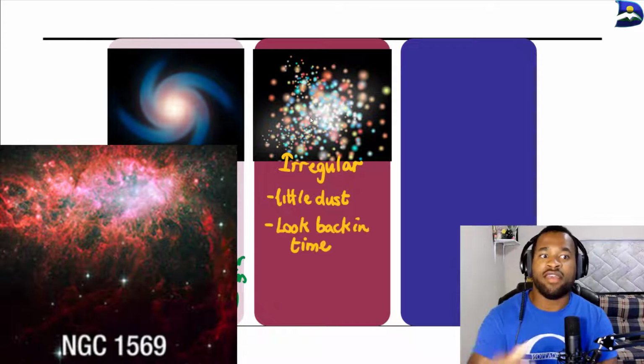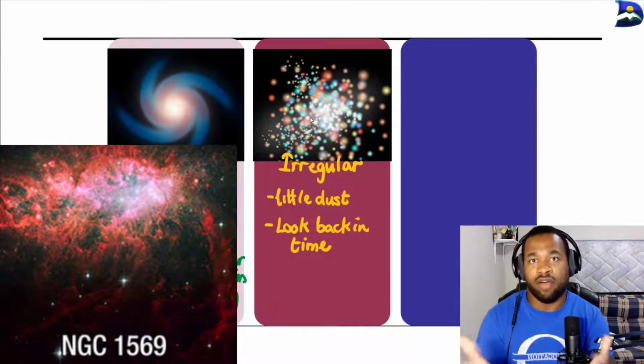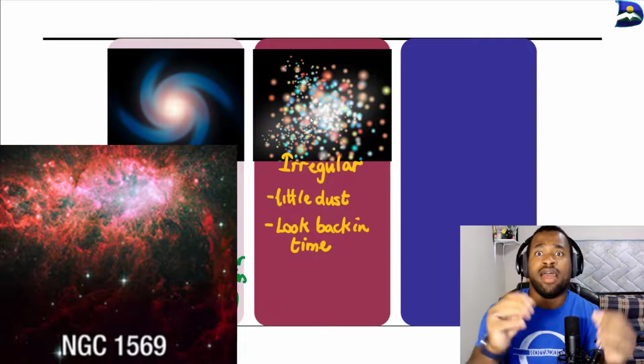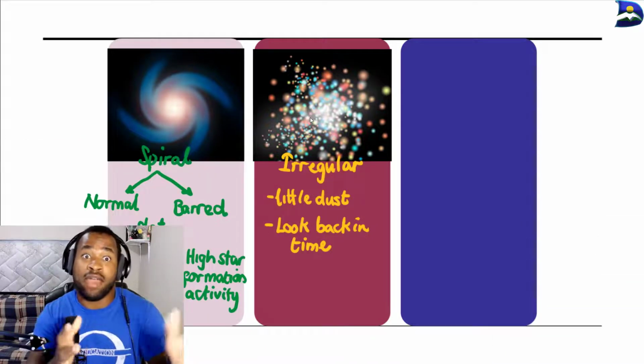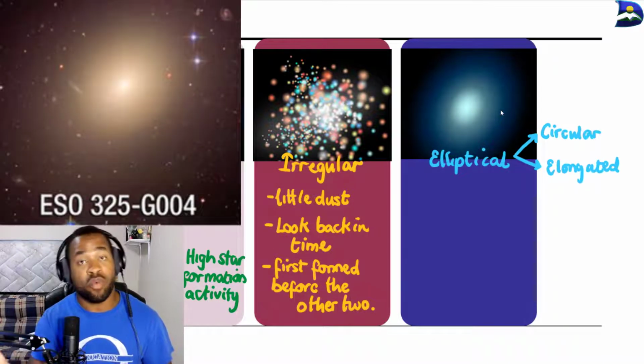image. This here is formed before other galaxies that we know of, because from the irregular image we can now see how galaxies can actually come close together and form either spiral or elliptical galaxies. And for elliptical galaxies, we notice that there are two forms of this.